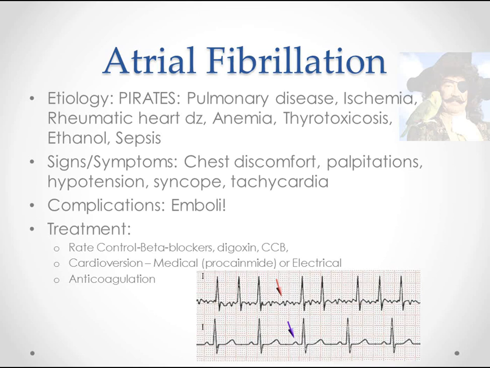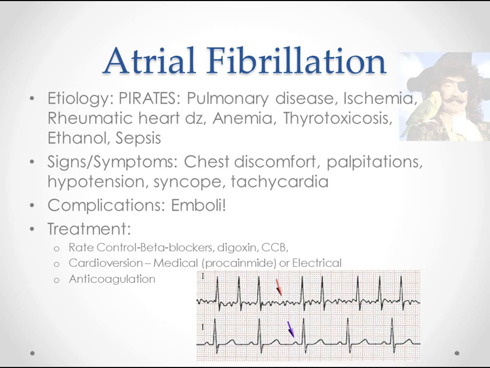There are two ways that these people will present to you. One of them might just be you'll see it on an EKG and they didn't know they had it. They might be having some vague symptoms, or some people are doing screening EKGs, and you might pick something up like this.